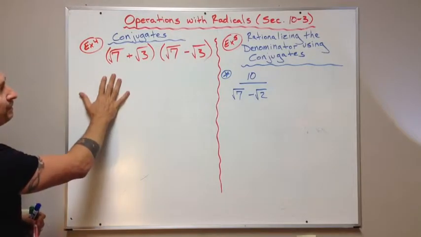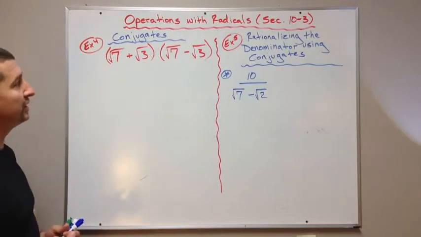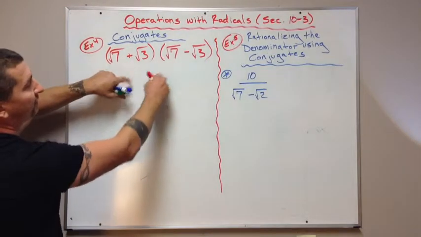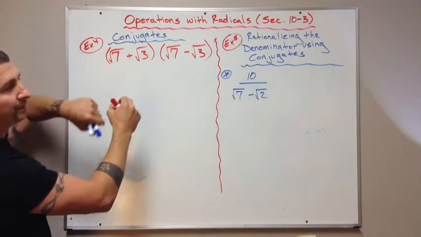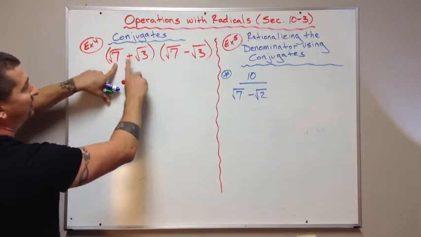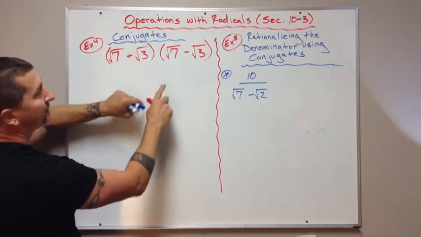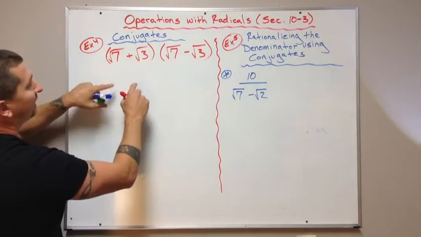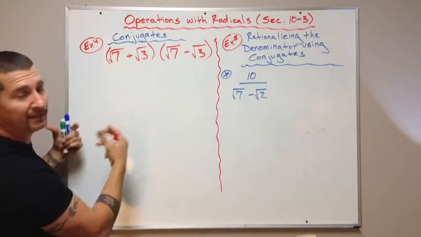Our fourth example deals with something called conjugates. Conjugates are the result of factoring the difference of 2 squares. So when you have a square root plus a square root times the same square root minus the same square root, there's an easy way to do this.